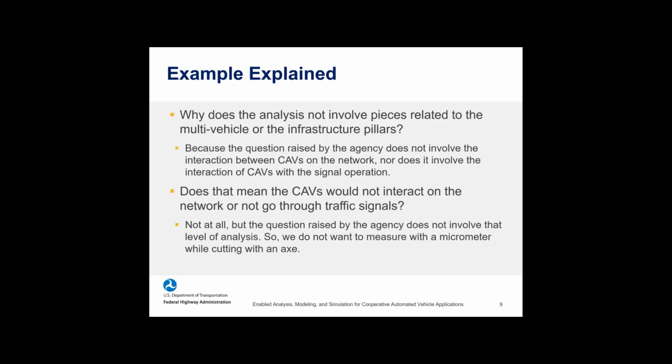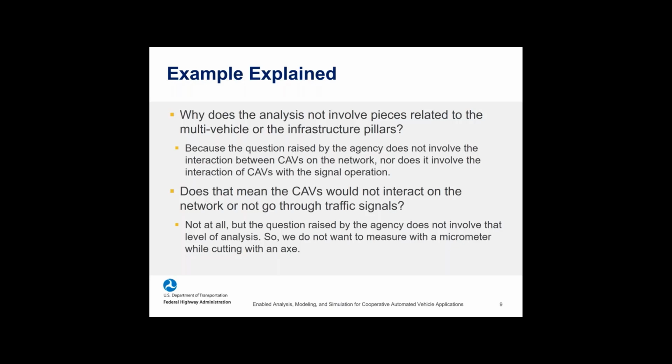So some questions related to what I've just put in there. Why does the analysis not involve pieces related to the multi-vehicle or the infrastructure pillars? And the answer is because the question raised by the agency does not involve the interaction between CAVs on the network, nor does it involve the interaction of CAVs with the signal operation. Does that mean the CAVs would not interact on the network or not go through traffic signals?